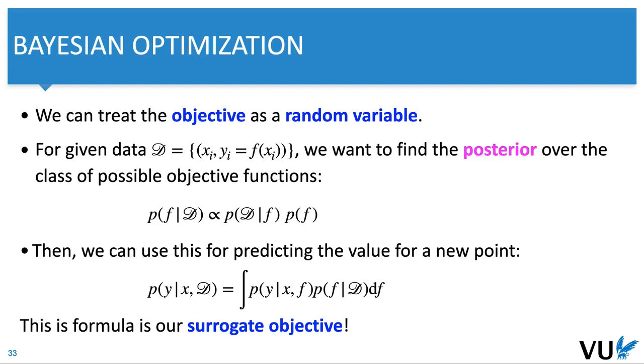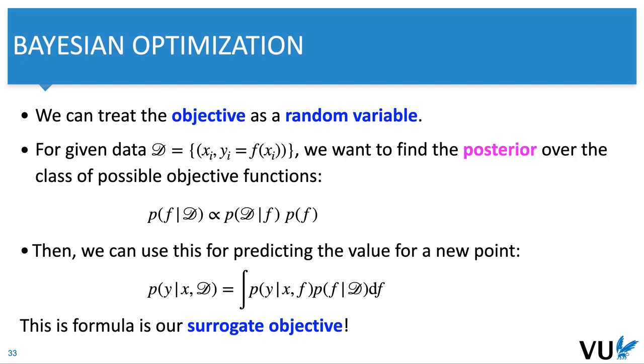So now we know what outcome I will get for a given point. In some sense I got rid of, in a stochastic, probabilistic manner, this random, unobserved quantity, the objective function.